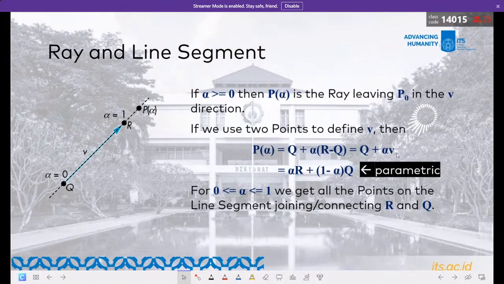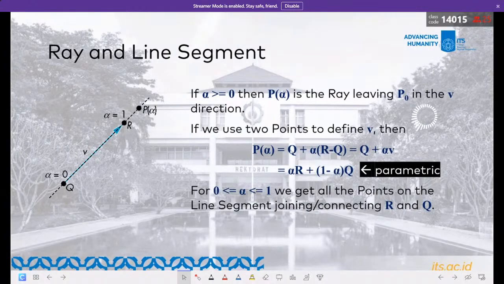Okay, so this is the initial form. And then we derive V as R minus Q. After we have this Q plus alpha, and then put R minus Q inside the parenthesis, we can take this alpha R out of the parenthesis and put it on the left side, something like this.